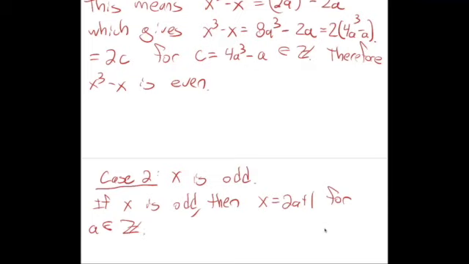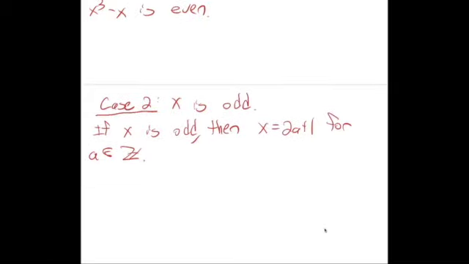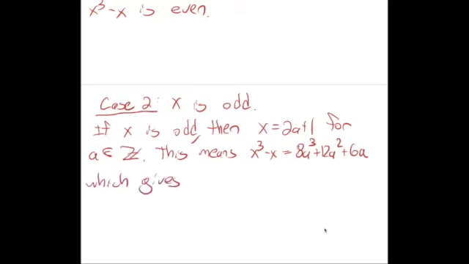I said this means that x cubed minus x equals 8a cubed plus 12a squared plus 6a, which is equal to, and then just factor out a 2. And then I set that equal to 2d.